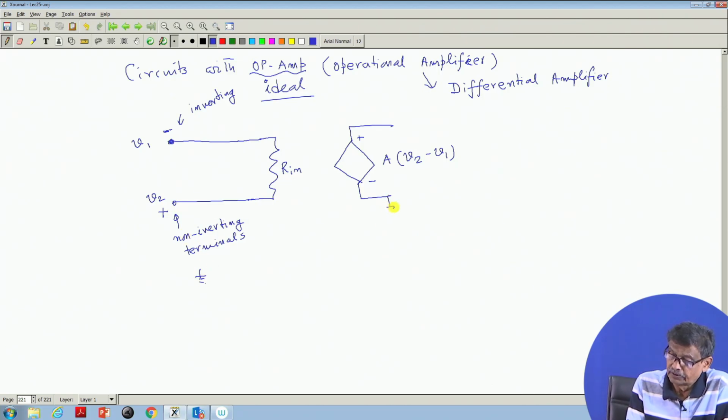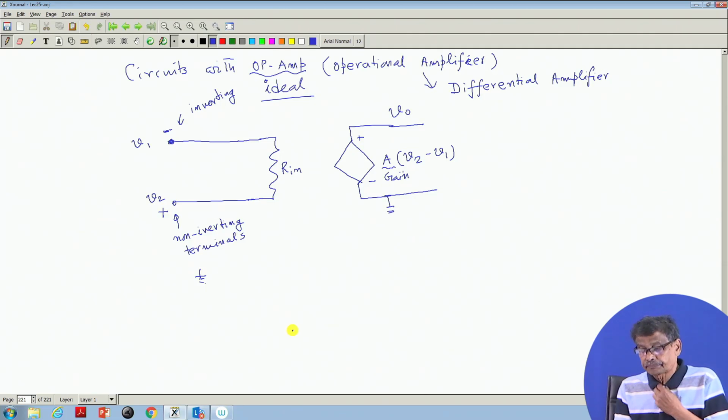This point is also grounded, and this is the output voltage. So, output voltage will be proportional to the difference of the input signals multiplied by the gain of the op-amp. Okay.